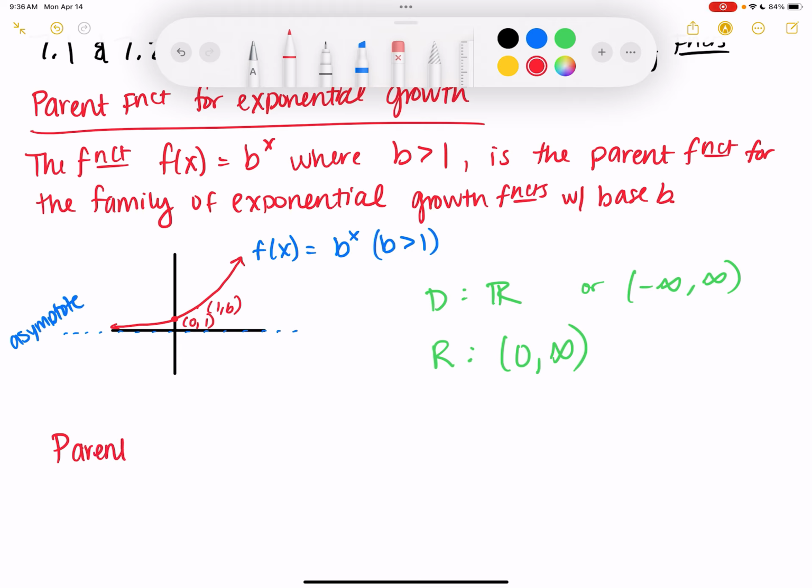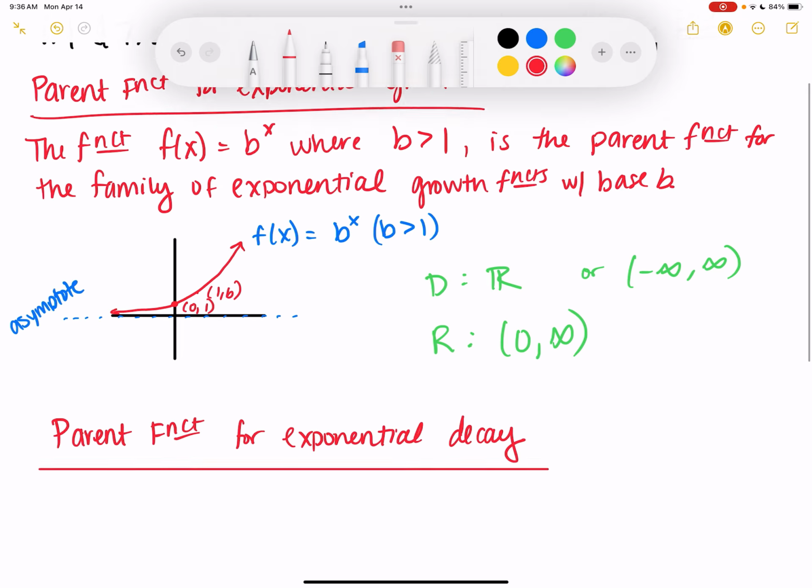All right, then we've got the parent function for exponential decay. So obviously it's going to look similar, but it's a decay function.